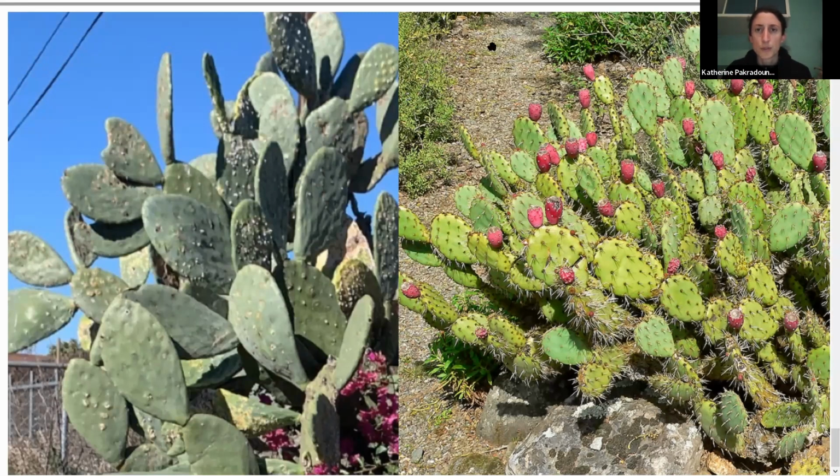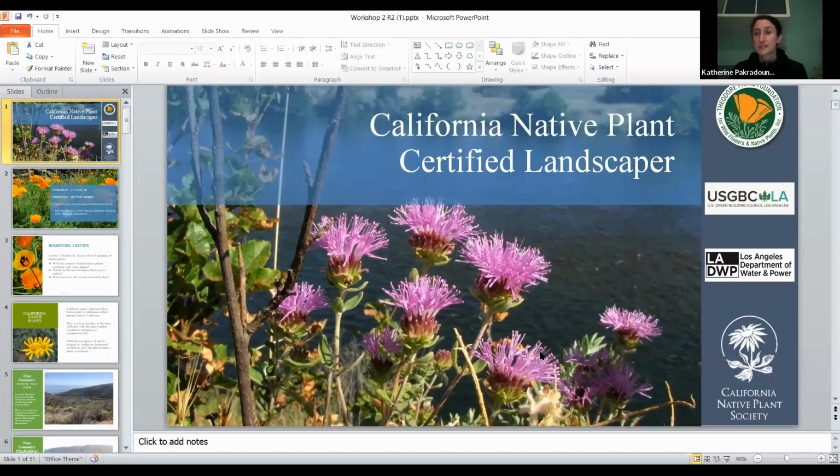And so one thing that I do want to make sure we're doing is understanding what a native species is as we move forward. Most of you were very aware already, but I do want to double check that we're on the same page.